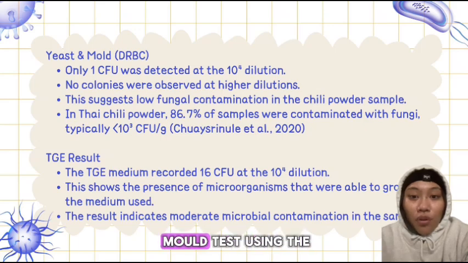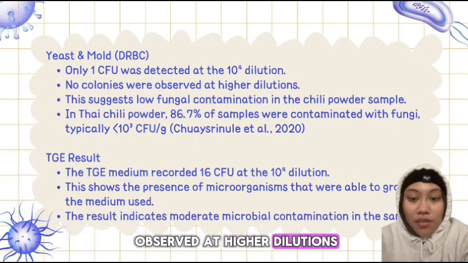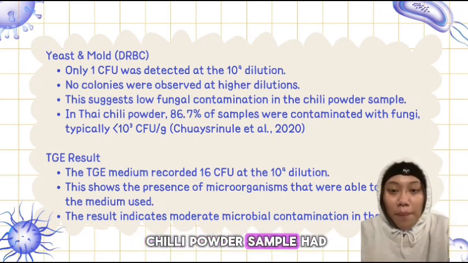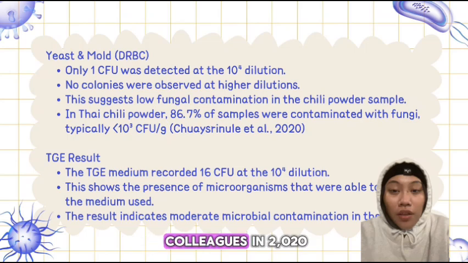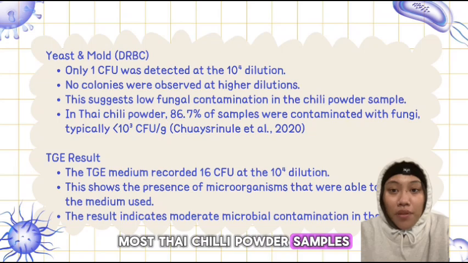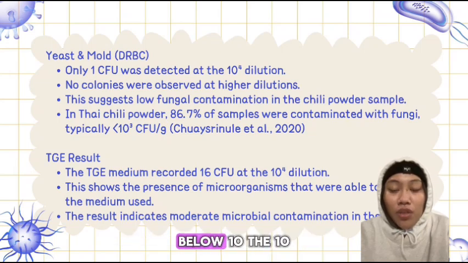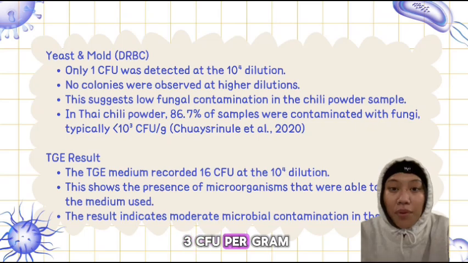For the yeast and mold test using the RBC medium, only one CFU was detected at 10^-4 dilution, while no colonies were observed at higher dilutions. This suggests that the chili powder sample had low fungal contamination. According to Choice Renewal and colleagues in 2020, most Thai chili powder samples contain fungal contamination below 10.3 CFU per gram.